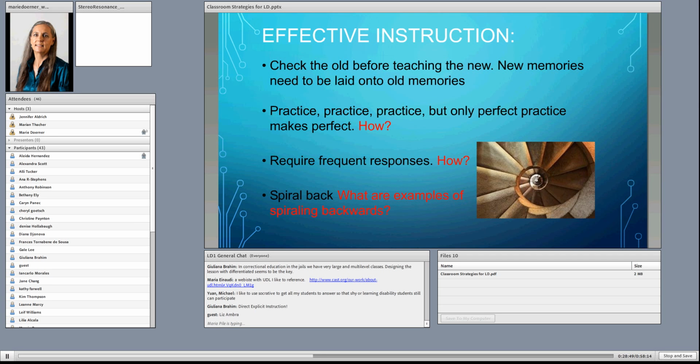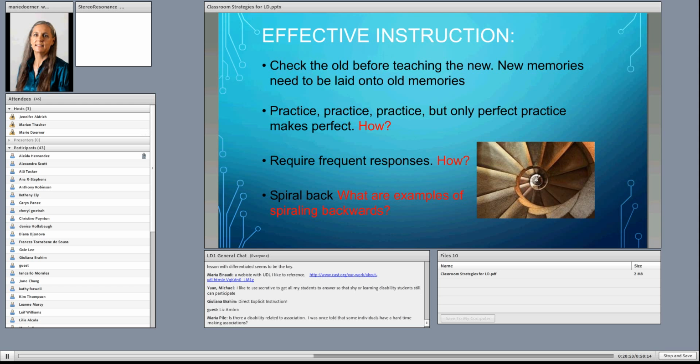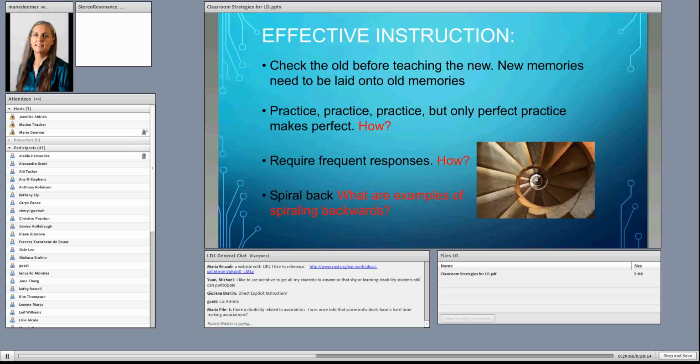So I have 3 questions for you. One is, how do you catch people early enough so that they do practice perfectly? I think someone already mentioned, how do we require frequent responses? When I was in teacher school, we actually timed ourselves teaching, and we had to count how many student responses we got back.